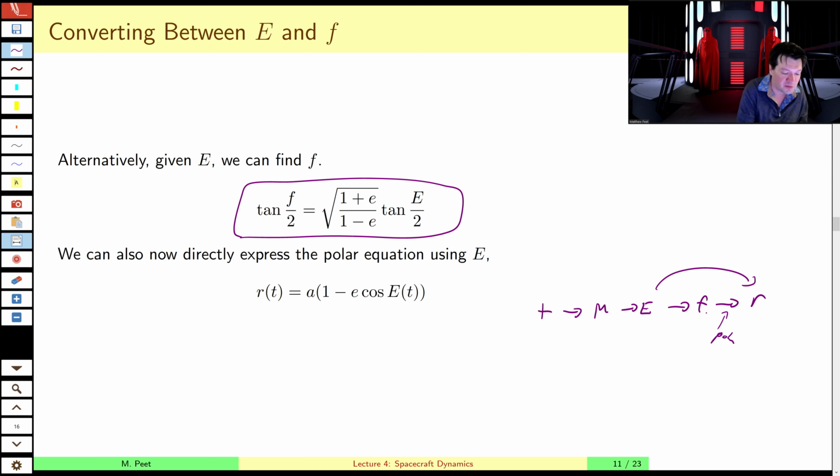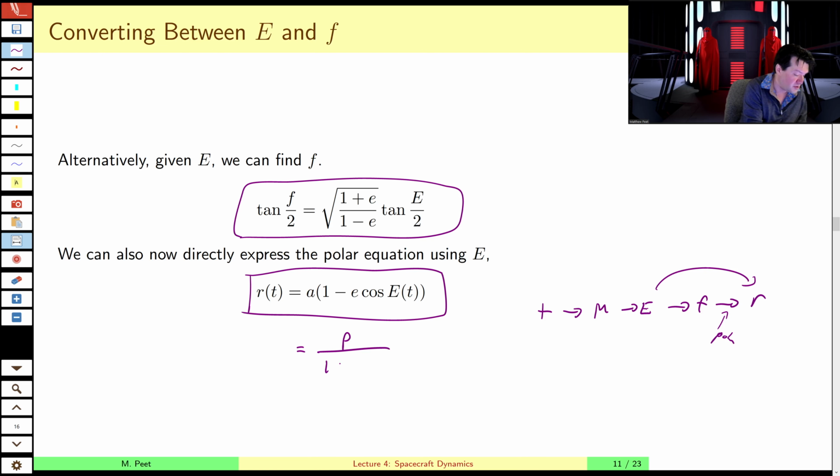If you're going through E, you might as well go through F. But you can skip that step entirely if you're just looking for R, because we have a version of the polar equation expressed directly in terms of E, as opposed to the equivalent, which is 1 plus E cosine F of t. So you could go directly from E to R as opposed to finding F and then going from F to R. Again, very few people use that equation, but it's there, and it's interesting.